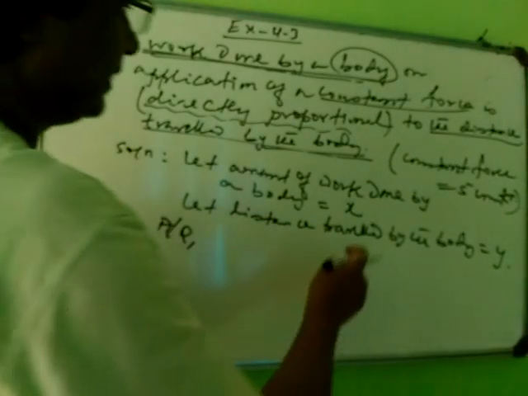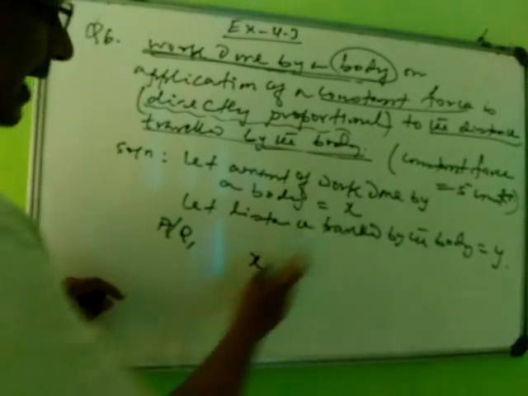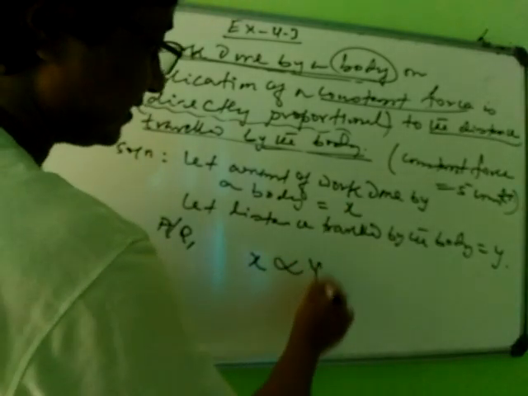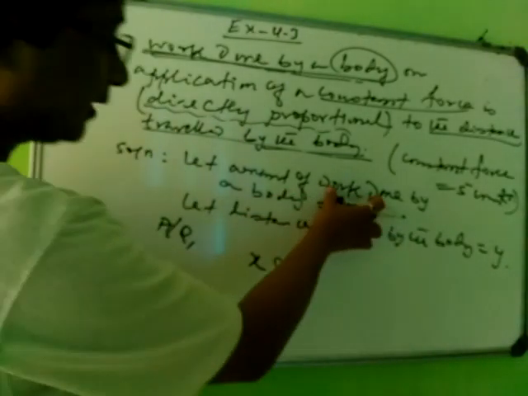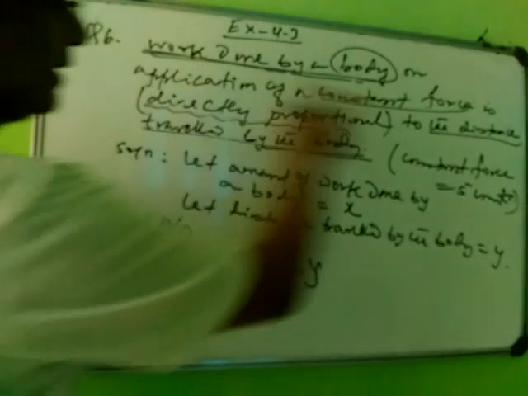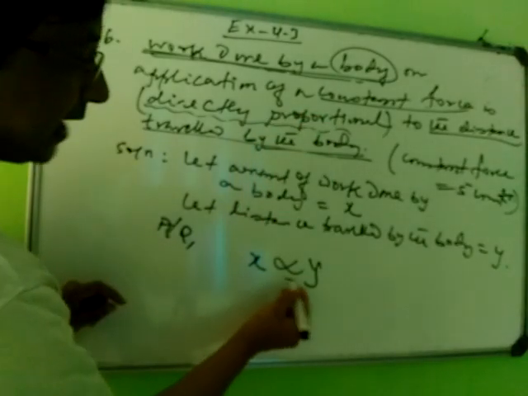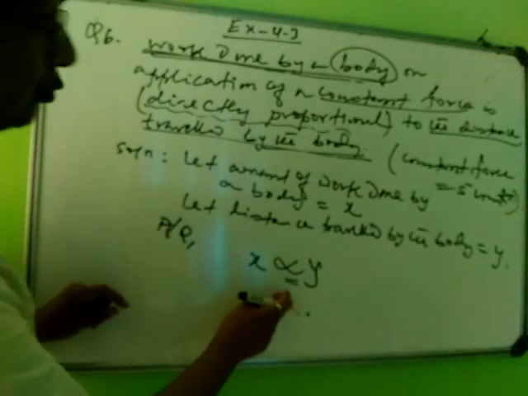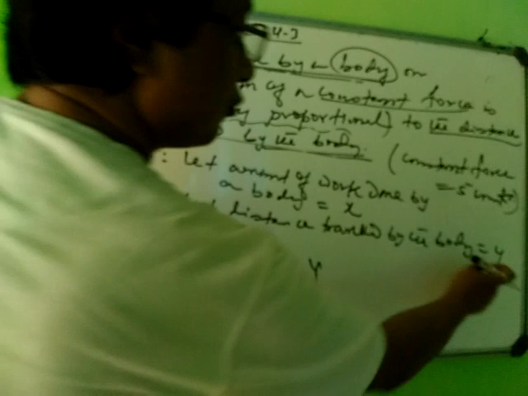So work done is x, and it is directly proportional to the distance traveled, which is y. This is the symbol of directly proportional.